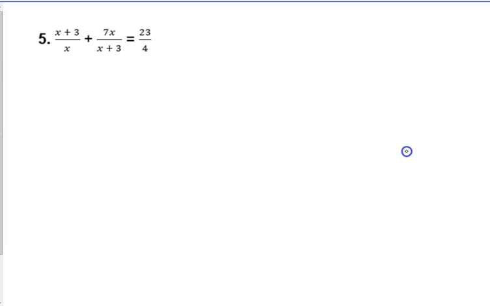All right. I want you to try this one on your own, but this is looking a little messy because we have to use as our common denominator 4x and x plus 3. All of those. Okay?